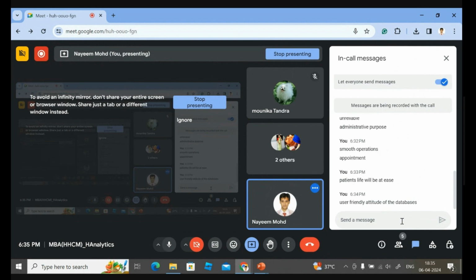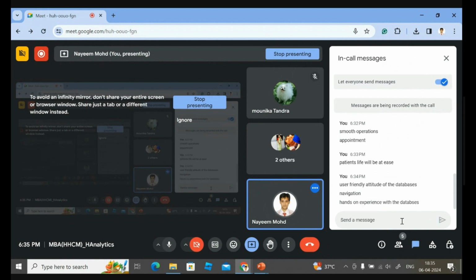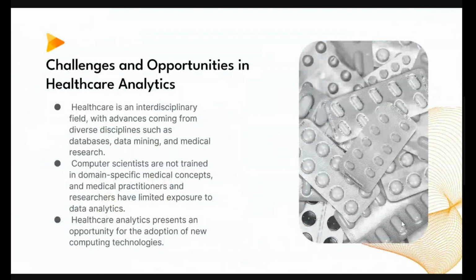You learn it. Who has taught you how to use a cell phone? I think none. You learned on your own. The whole navigation that you have is on your own. So you should have hands-on experience. Hands-on experience with the databases can go a long way. That is the motto, that is the most important part of it. Okay, that's why you have it.